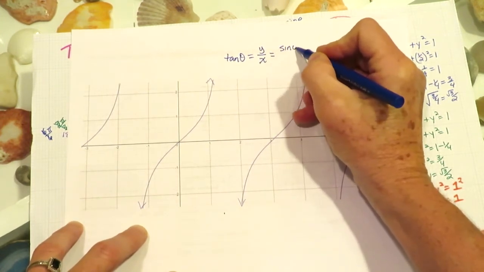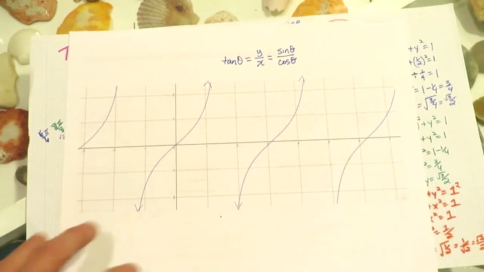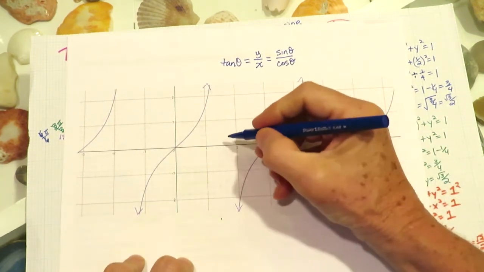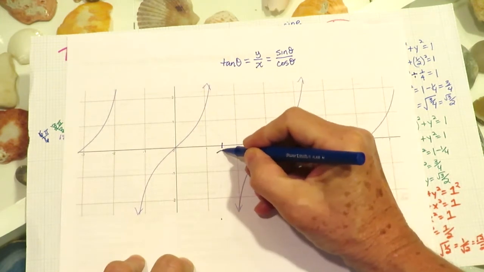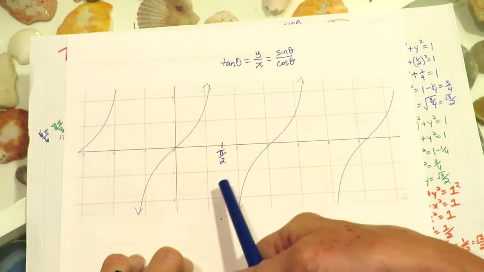Remember, sine is the y coordinate, cosine is the x coordinate, so you also could say that tangent is sine divided by cosine. And so where cosine is 0, or where the x is 0, then tangent is going to be undefined. And so that's going to occur at odd multiples of pi over 2 if you're working in radians.